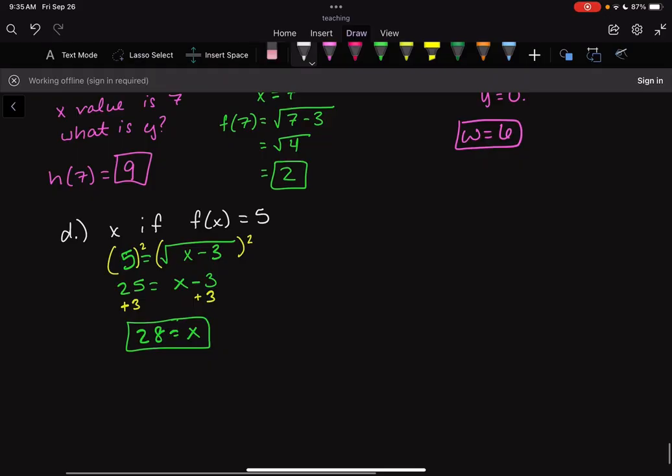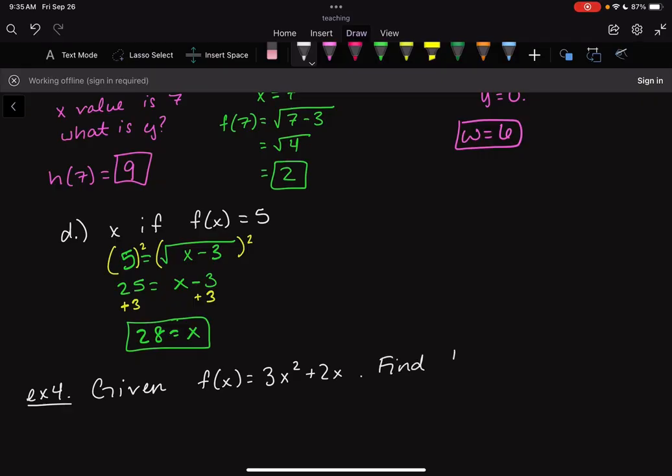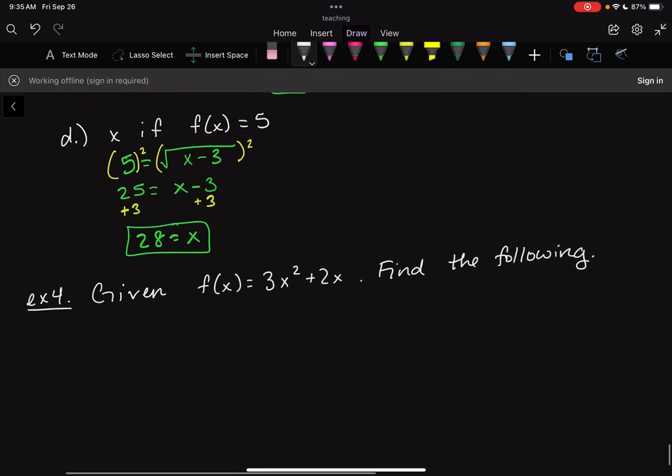Few more of these. So example 4, we're going to work a little bit more with some variables. So given f of x is equal to 3x squared plus 2x, I'll say find the following. Part A will find f of a.